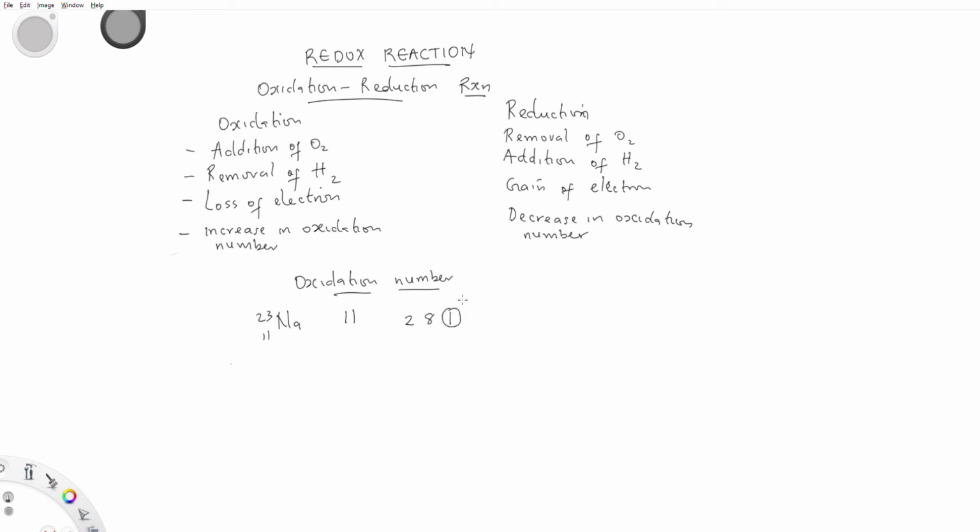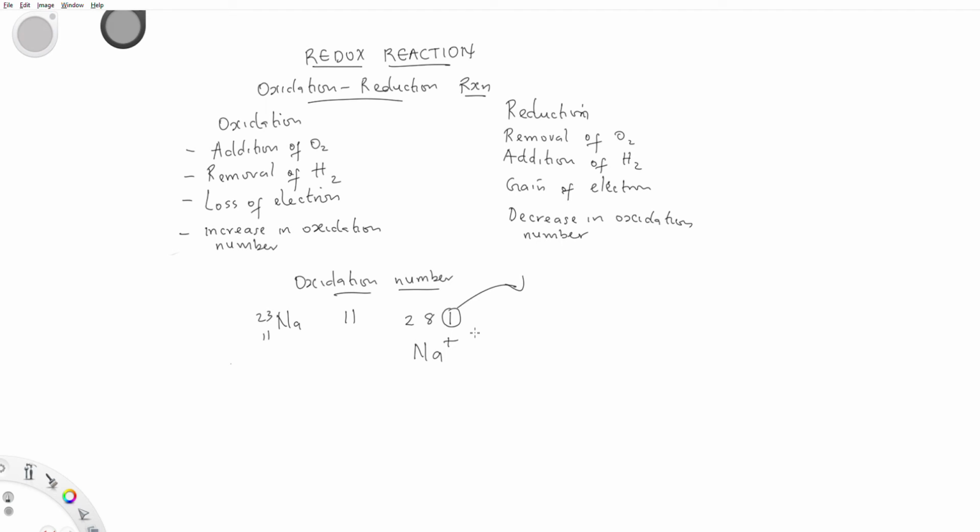Now this one hinders sodium from forming a stable electron configuration. So sodium will prefer to lose that electron and then have itself in this state.